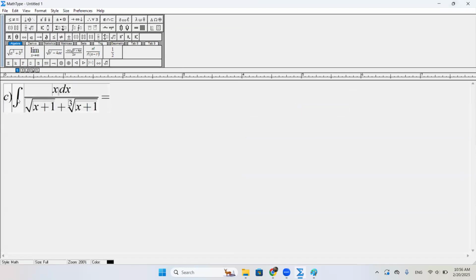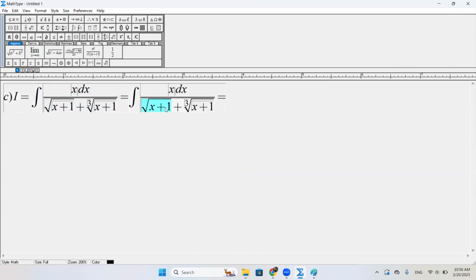So again, let's write powers instead of roots. So we have this.